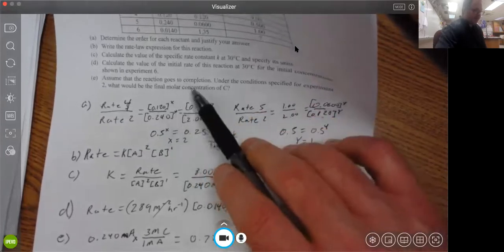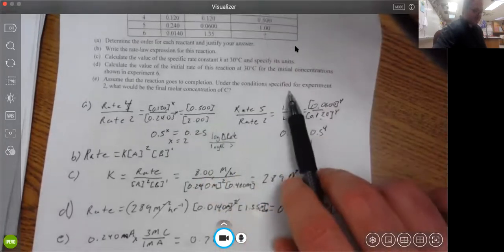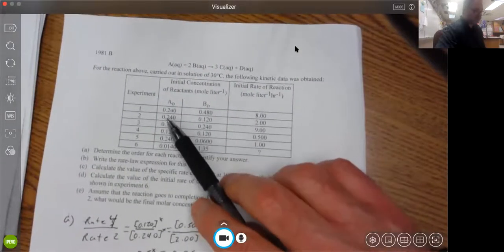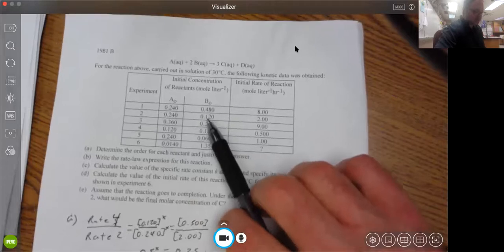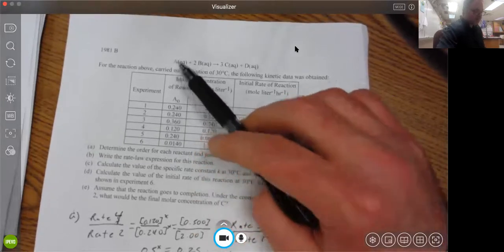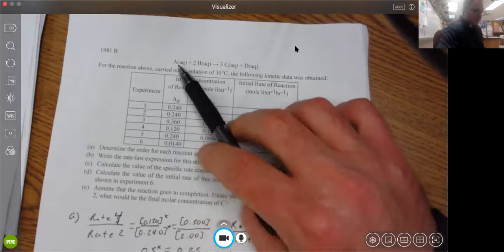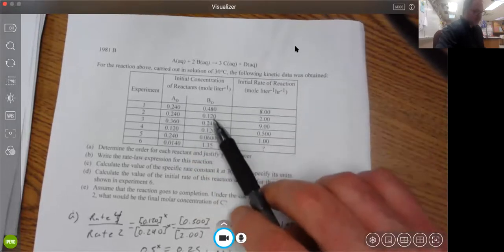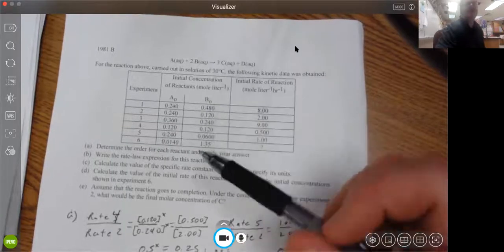E, assume the reaction goes to completion under the specific conditions in experiment 2. So what you need to do here is you have this concentration and this concentration. You need to figure out from 0.240 of A how much C you can make, and from 0.120 of B how much C you can make.